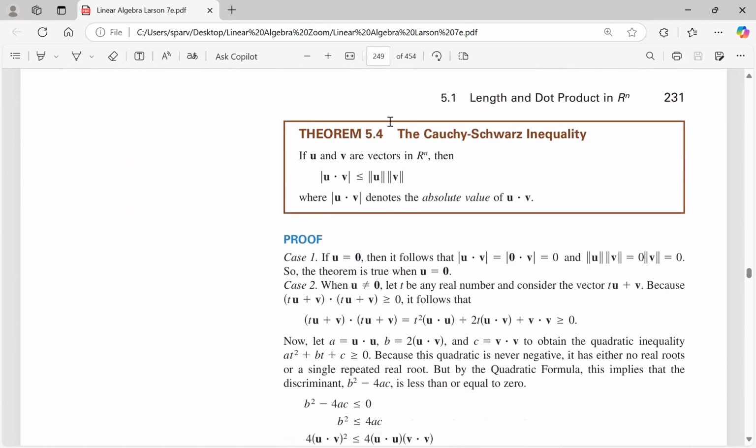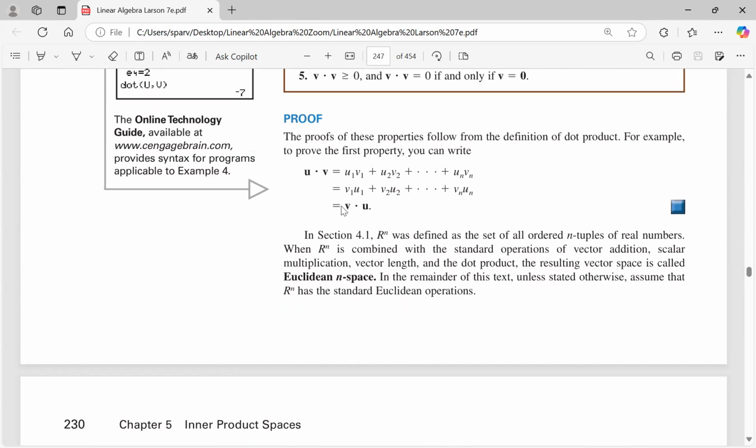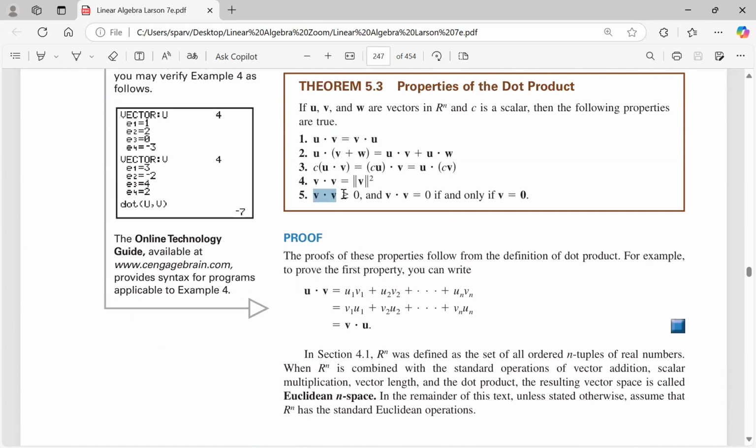Theorem 5.4 is the Cauchy-Schwarz inequality. For the Cauchy-Schwarz inequality, we have two vectors, u and v, in Rn, n-dimensional vectors. Then the absolute value of the dot product, because a dot product could be positive or it could be negative, right? The dot product of a vector with itself is positive.